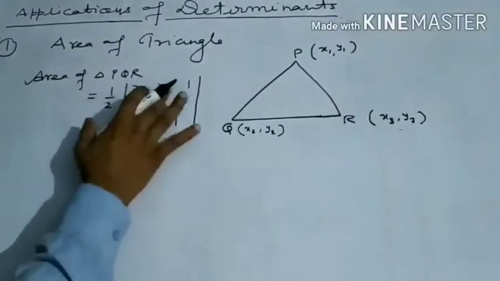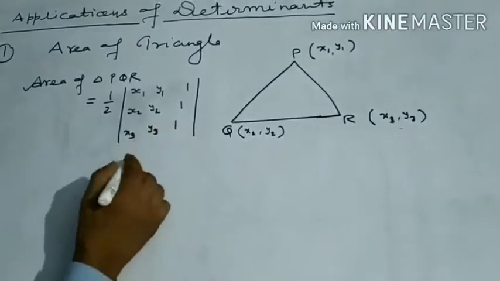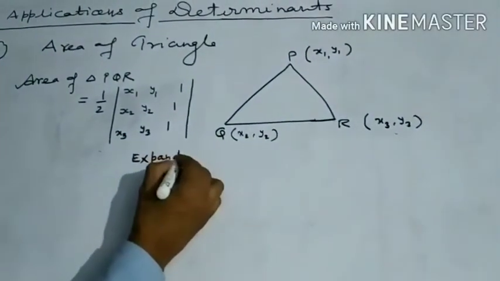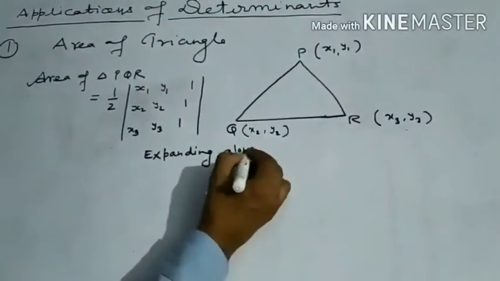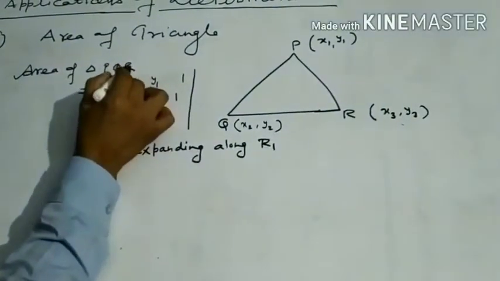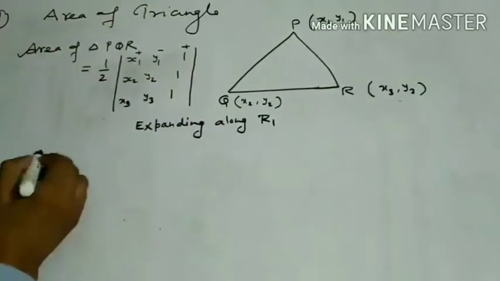Now we want to expand this determinant along R1. For expansion we use the signs plus, minus, plus.